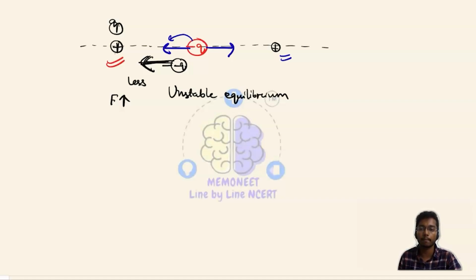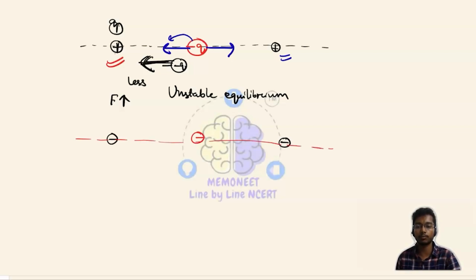Now we have a negative charge here, another negative charge, and we are placing a negative charge in the center. The force applied on the negative charge due to this charge will be in this direction, and due to this one will be in this direction, equal and opposite.